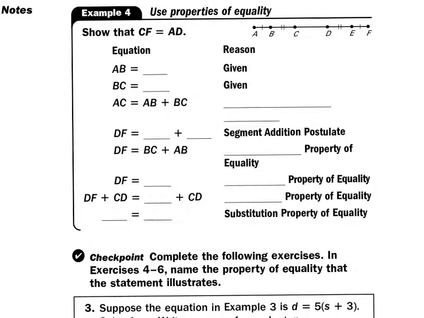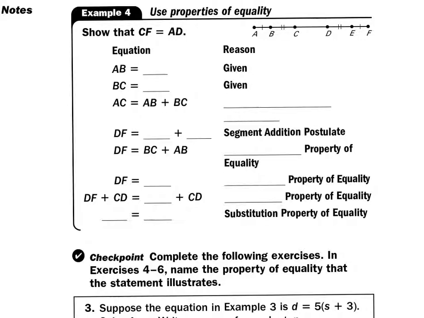Okay, example 4, using properties of equality. Show that CF equals AD. Okay, the first thing we need to do is write down our givens. And even though we don't have anything written out as given, we have those little hash marks. Remember what those little hash marks mean?